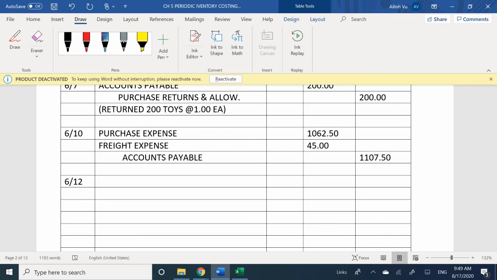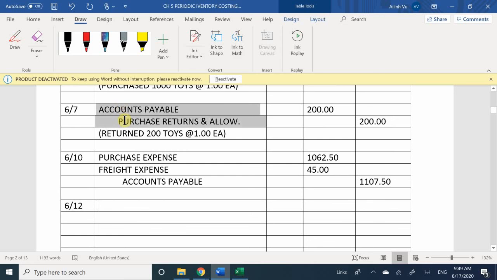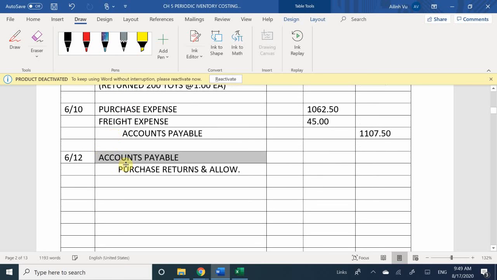How do you journalize this discounted item? Wouldn't it be the same way? Accounts payable and then purchase allowance? Yes, perfect. Good. Because this time we're not returning the items, but however we are getting some form of money back.